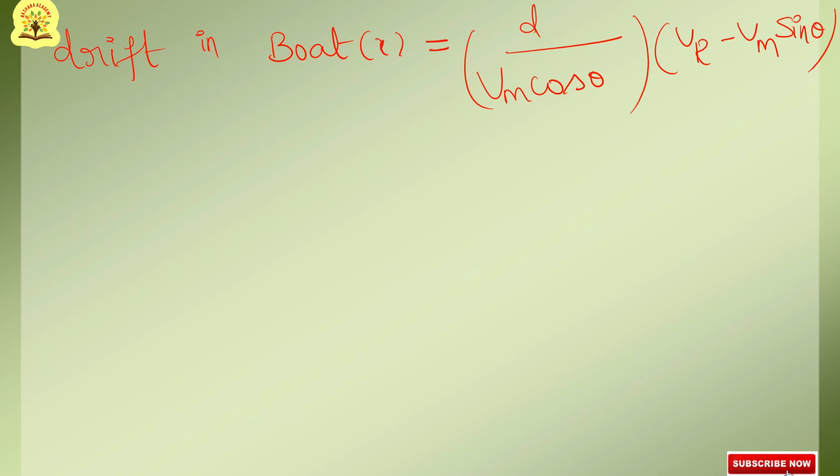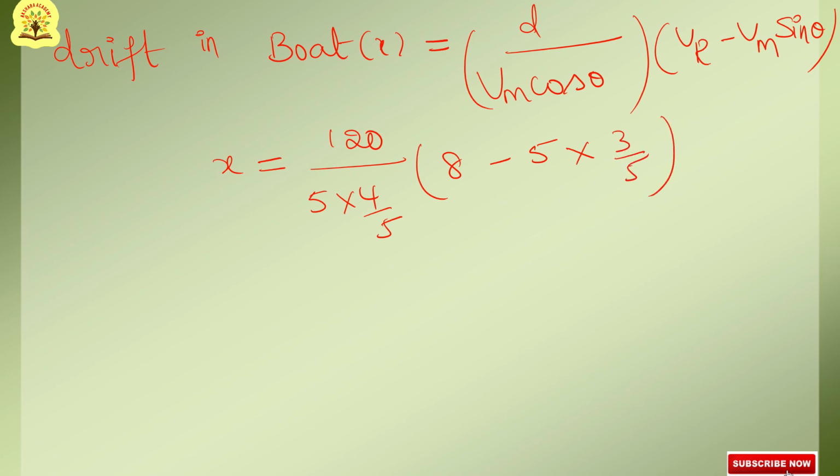Now substituting the values, x is equal to d, given as 120, by Vm, given as 5, cos theta 4 by 5, into Vr, given as 8, minus Vm, given as 5, and sin theta 3 by 5. So the 5 cancels, 4 ones are 4, 4 threes are 12, and here also the 5 cancels.